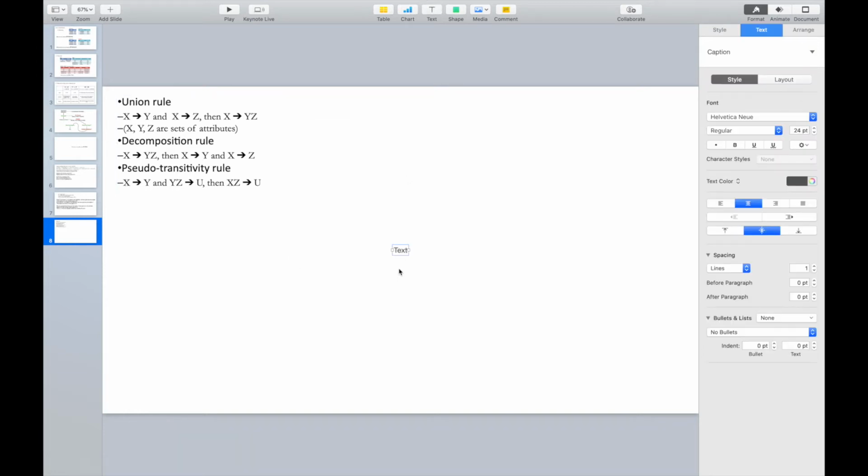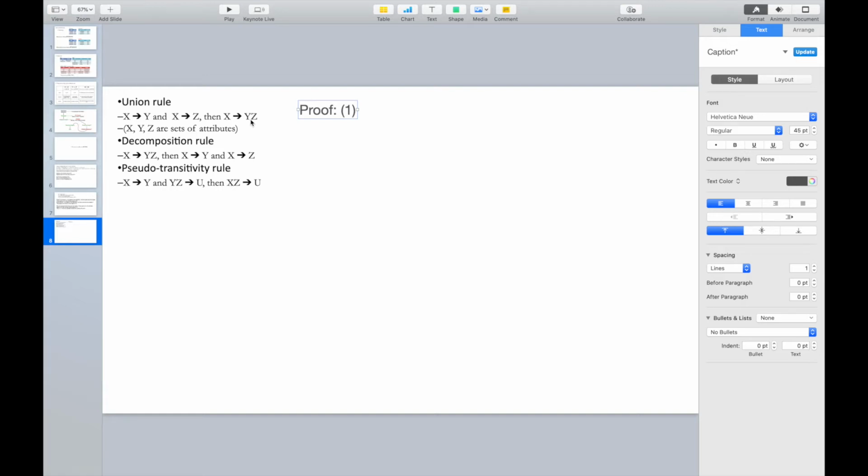So the first one is called the union rule. We can prove it based on Armstrong's axioms. For the union rule, given X implies Y and X implies Z, we can get X implies YZ.